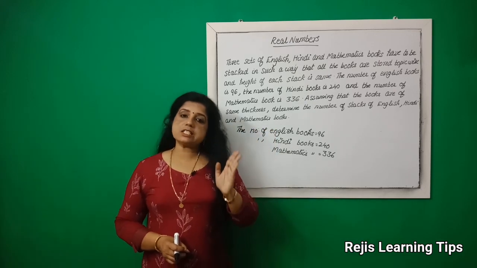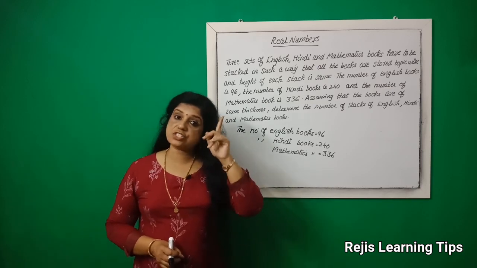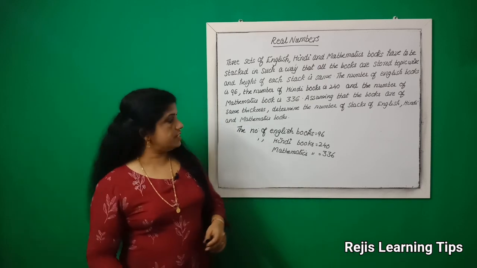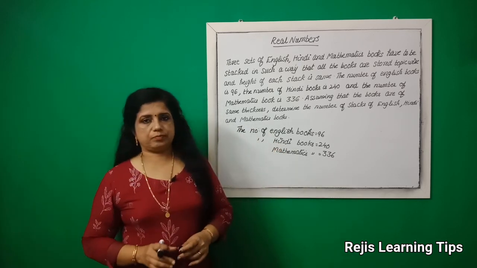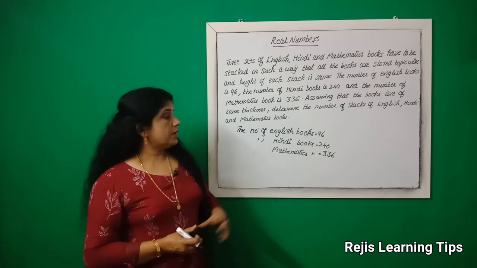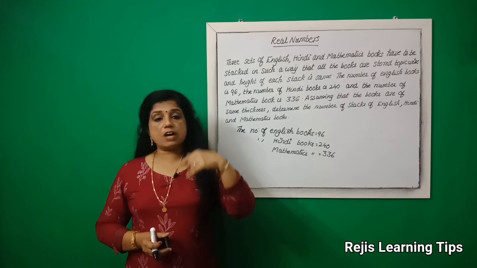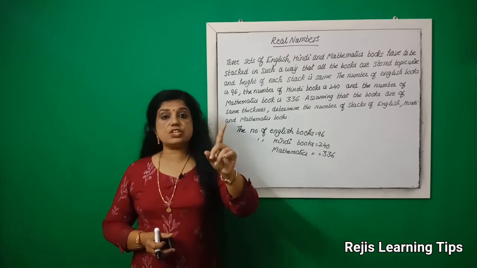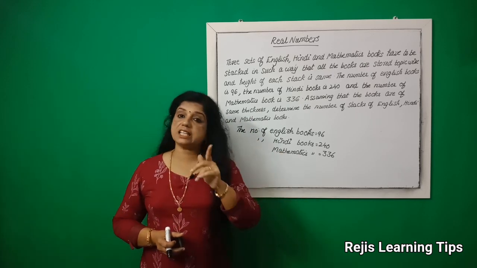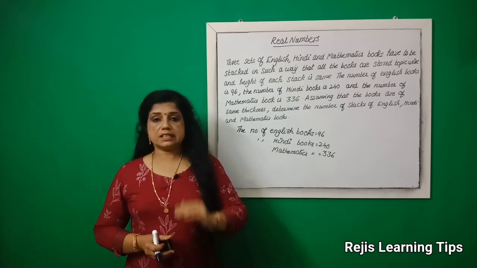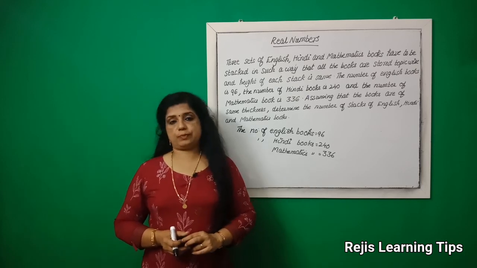In order to arrange the books as required, we have to find the largest number that divides 96, 240 and 336 exactly. Understood? That means we should find out their HCF.